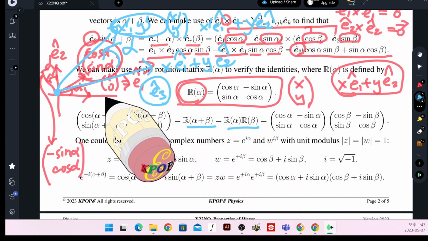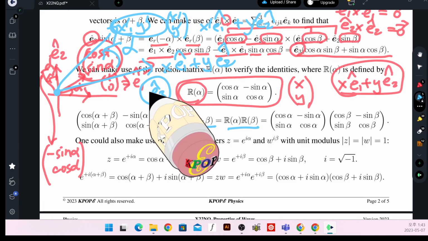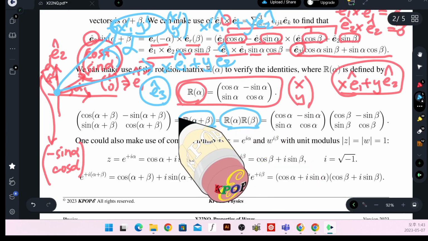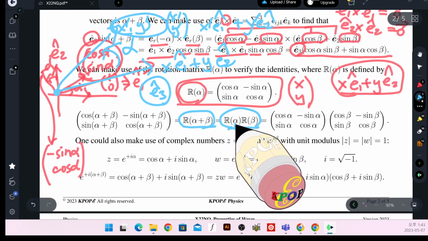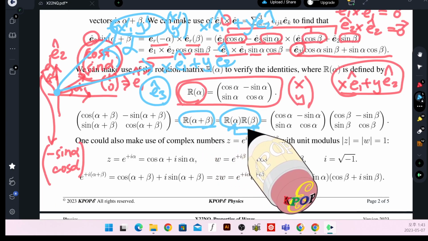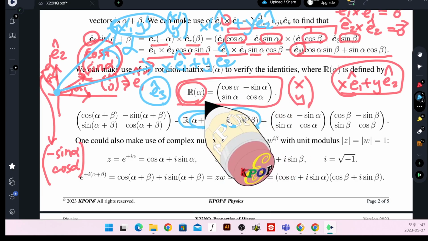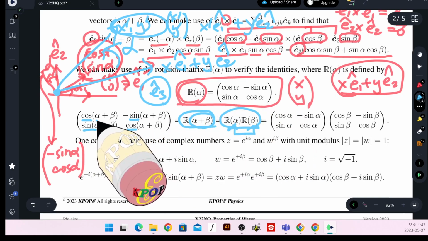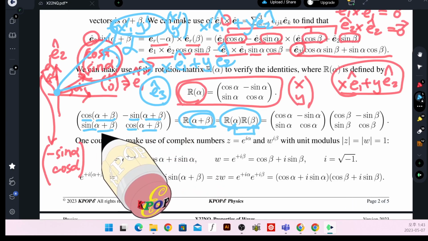However, this is a series of rotations about a single fixed axis. Therefore, the product must be a single rotation matrix with the argument that is the sum of these two angles. So if I substitute this sum, alpha plus beta, for this alpha, what I find is cosine, sine, minus sine, cosine, with all of the arguments replaced with alpha plus beta.